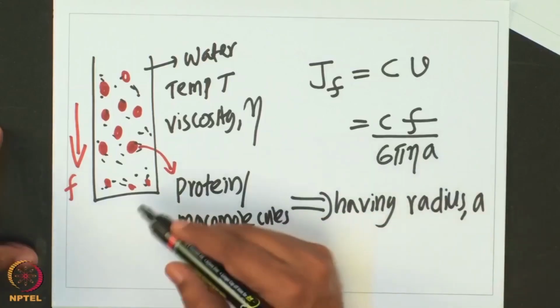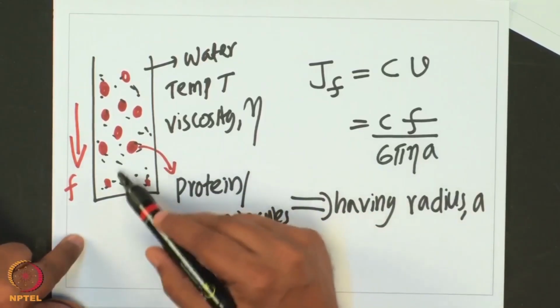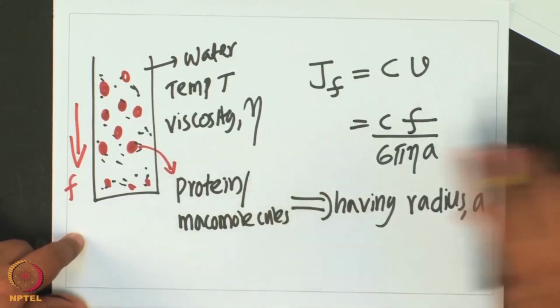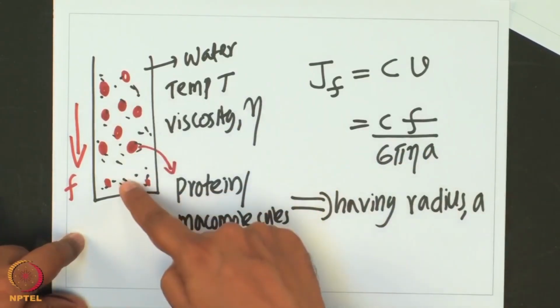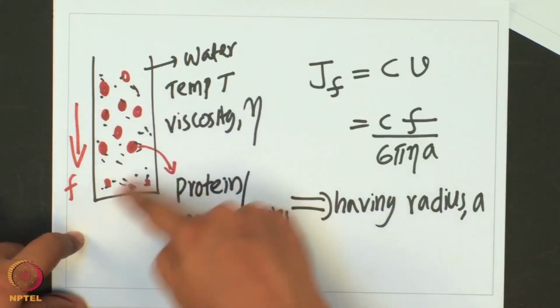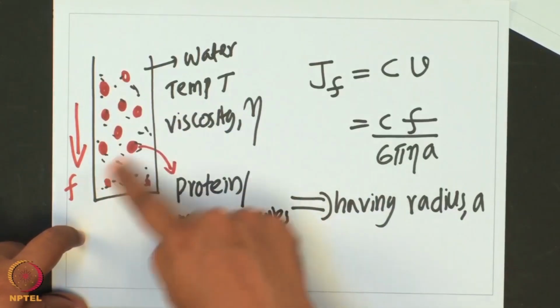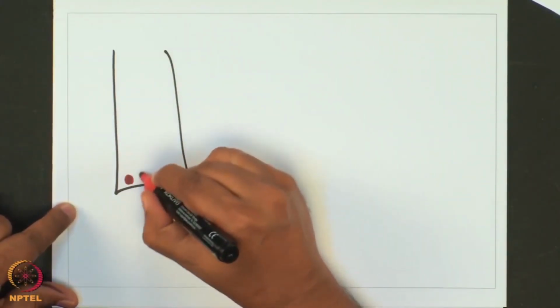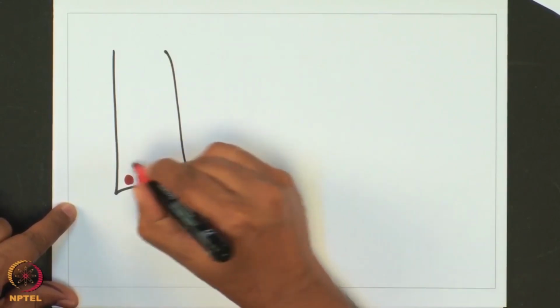That is something that we know. Because they come down, they will sediment. After some time, they all will be down, and a few of them will be above. If you look after some time t, what one would get is a picture, and I wouldn't draw the water now, I would only draw the protein molecules.